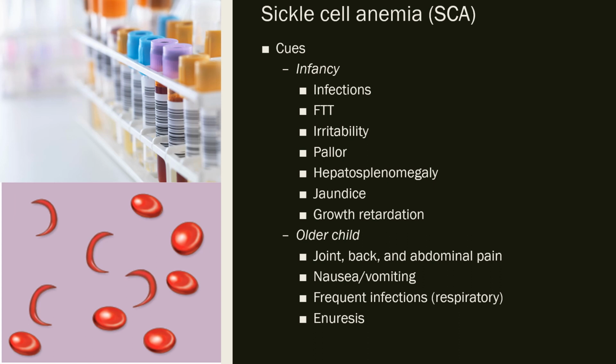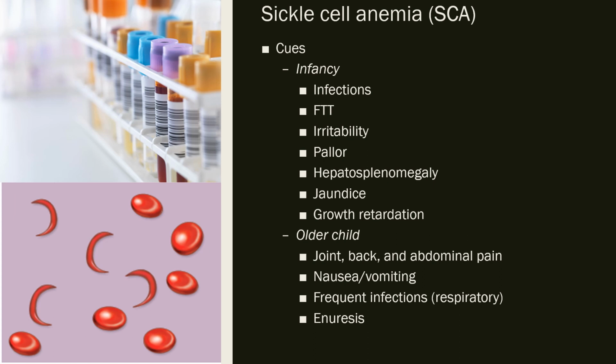And they start developing enuresis, which is bedwetting, and that is not related to sleeping too heavily or their anatomy being different or them just regressing. It's related literally to how the kidneys are working in a sickle cell patient.